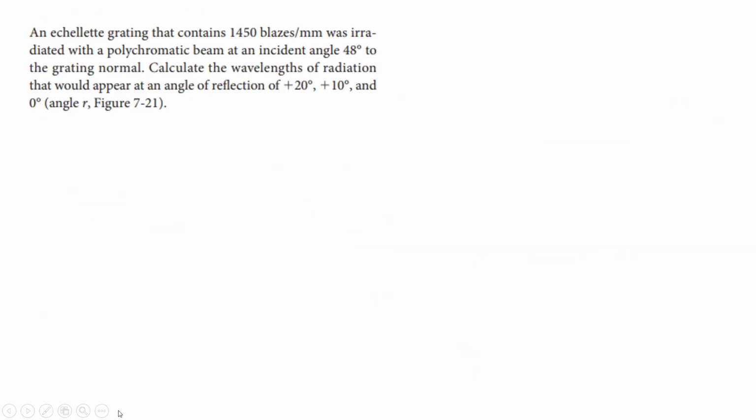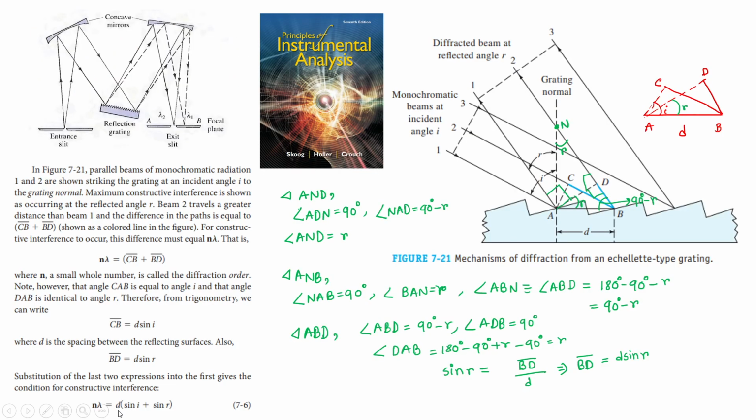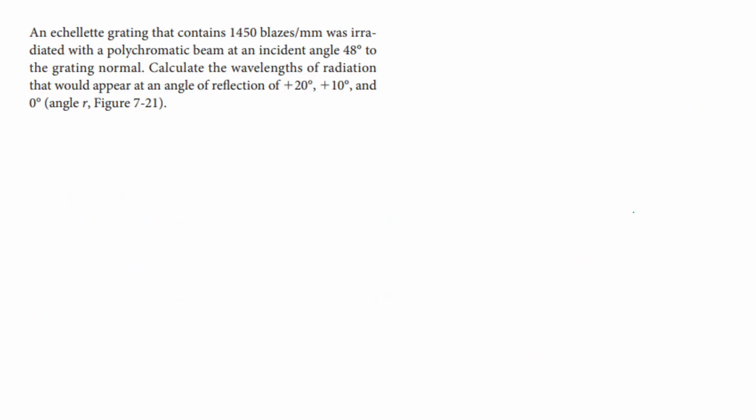So the numerical problem says that, the kind of gratings we are seeing here is known as echelette. I'm not sure if I am pronouncing it correctly. Echelon type grating. So for similar kind of grating that contains 1450 blazes per millimeter.